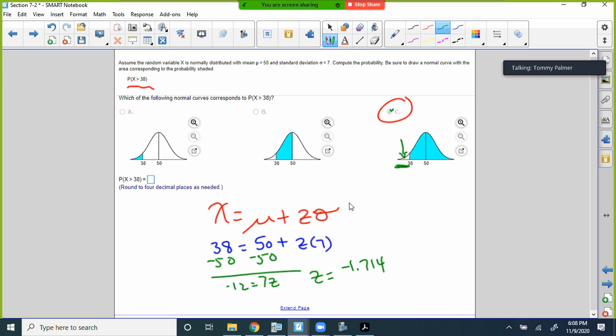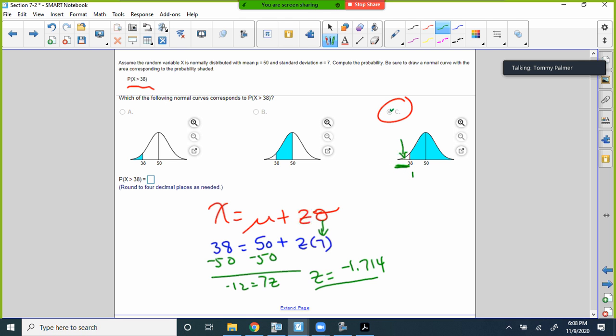Does that make sense? Yep. We're given a variable x, and we're given the mean and the standard deviation. We can first find a z-score. That z-score is going to give us the area from 38 down.